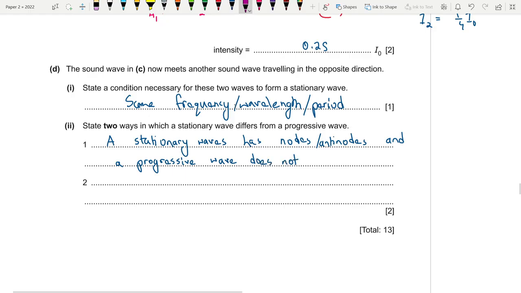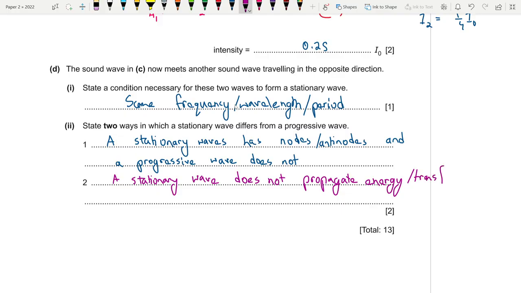Fine. What about the next point? Basically, a stationary wave does not propagate energy. It does not propagate or transfer energy.